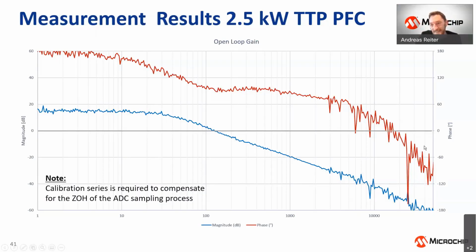Okay, so this is how a measurement result looks like. Here, this is the measurement of the 2.5 kilowatt totem pole bridgeless PFC voltage loop. So you see the measurement is quite accurate. If we compare it to the simulation, it matches pretty well. The noisy part here is kind of due to the limitations we have by just being limited to 12-bit resolution signals.